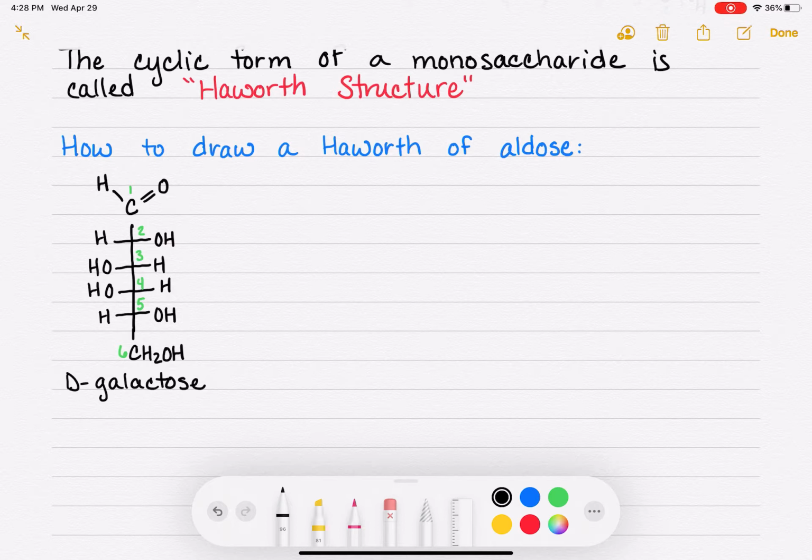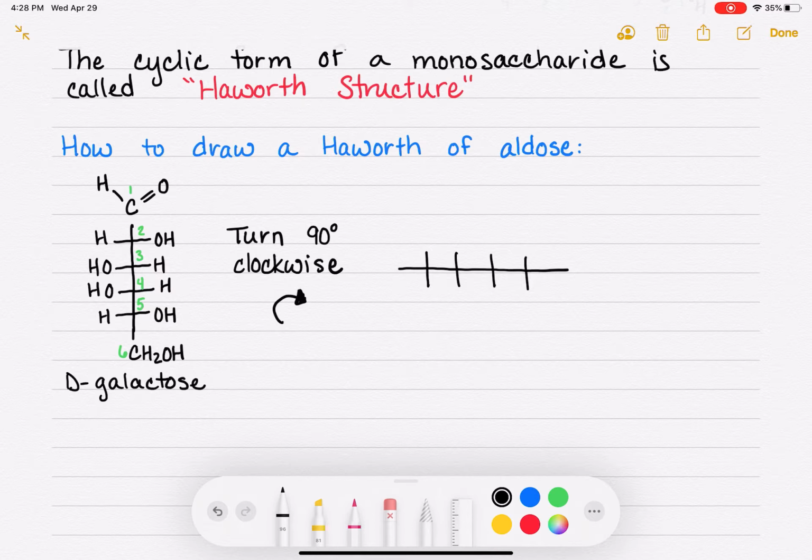The first thing I want you to do when you're asked to draw a Haworth structure is to either literally or in your mind turn the molecule 90 degrees clockwise, this way. So we basically want to lay it on its side. That's going to make it easier for us to transition into the cyclic shape.